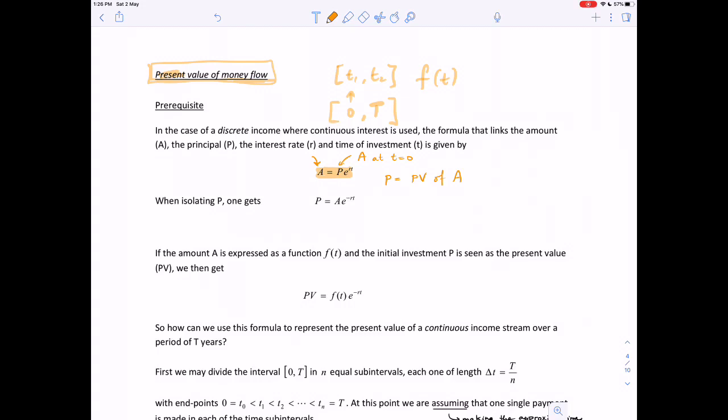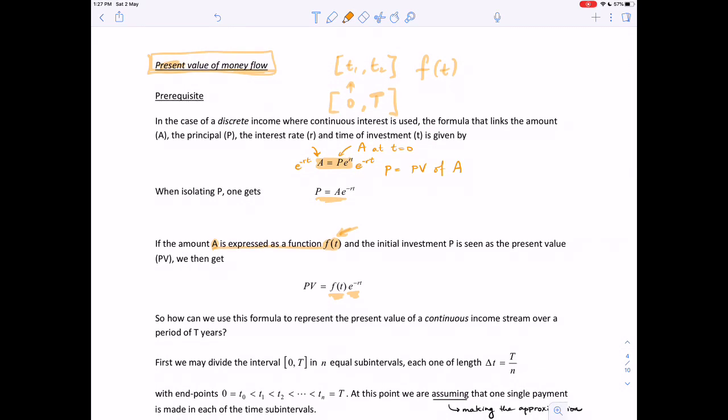If we solve for P, that's like multiplying by e to the minus rt on both sides, and you will get P equals A e to the minus rt. So if we let the amount be this f of t, the present value is f of t times e to the minus rt. I said something a little imprecise there: f of t is a rate, not an amount, but we'll see how this makes sense in just a second.